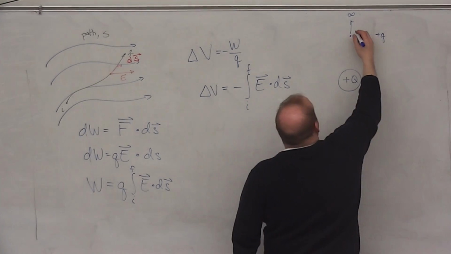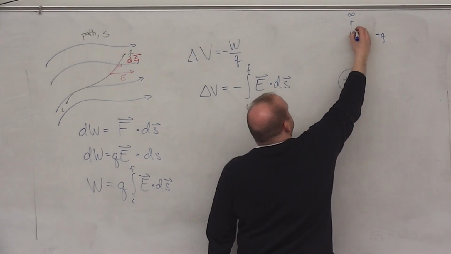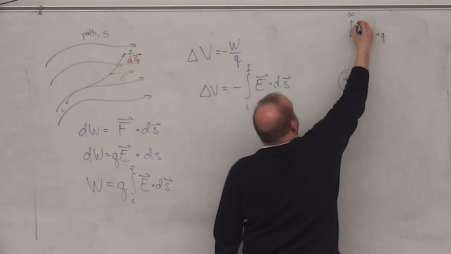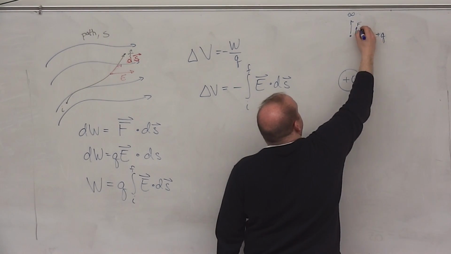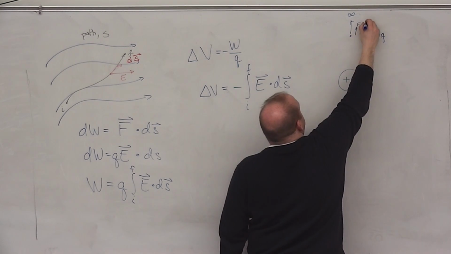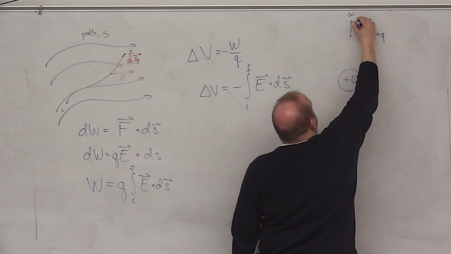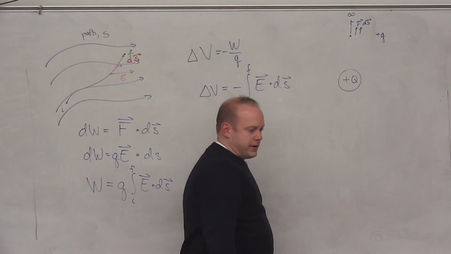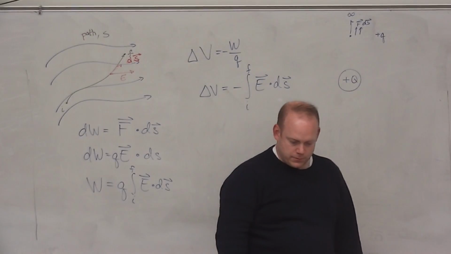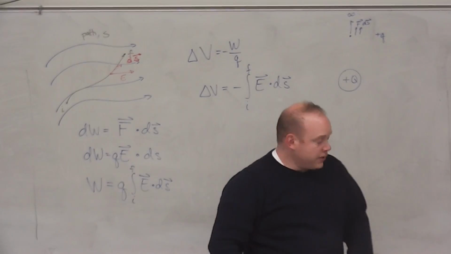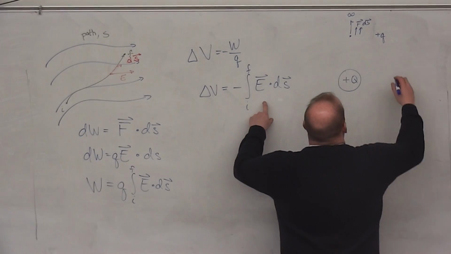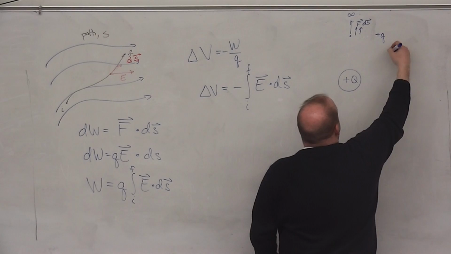So now, the force on this is going to be positive. My ds, as I move this out towards infinity, is also going to be going up. So now, looking at this, that force will equal EQ.